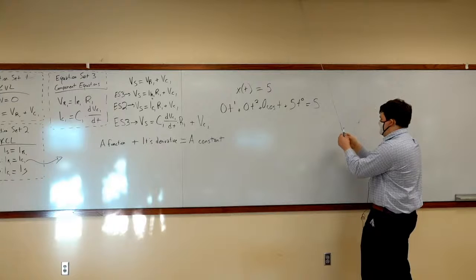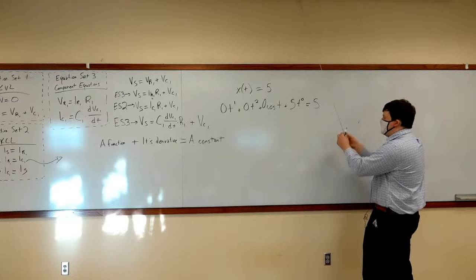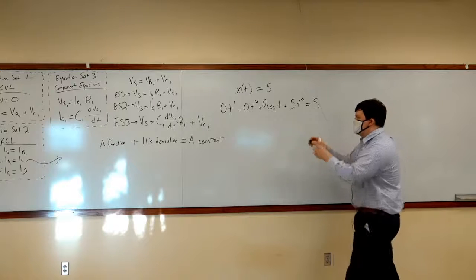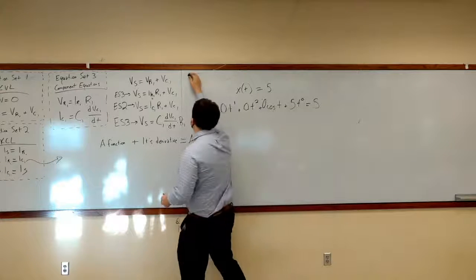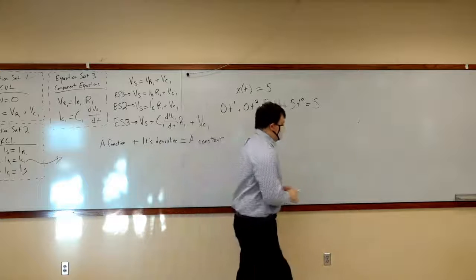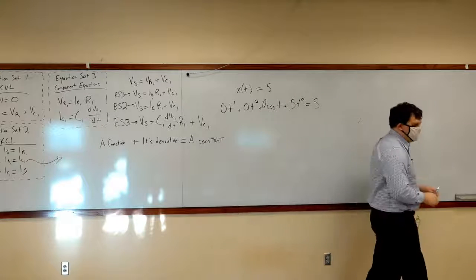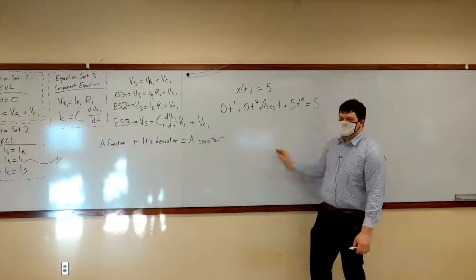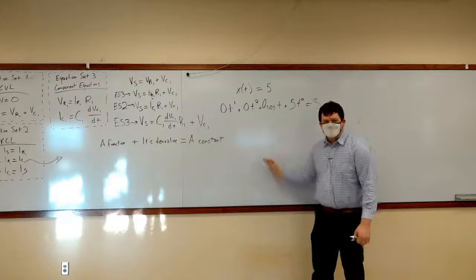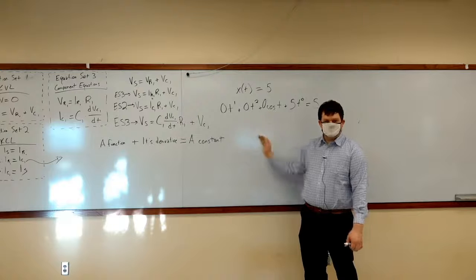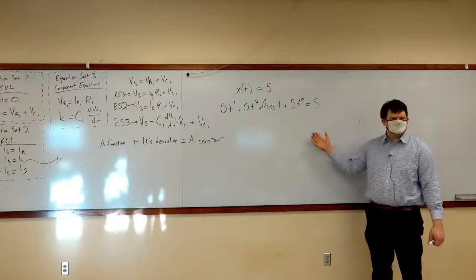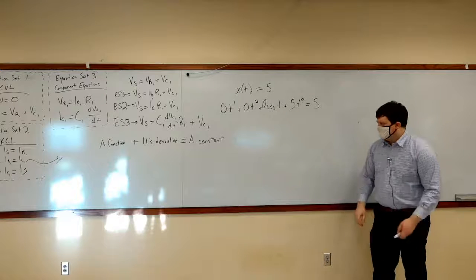When it comes down to it, we have to have what's called the same time functions on both sides of our equation. And what that means is everything over here that is not equal to a constant has to sum to 0. Everything over here is a constant. Okay?